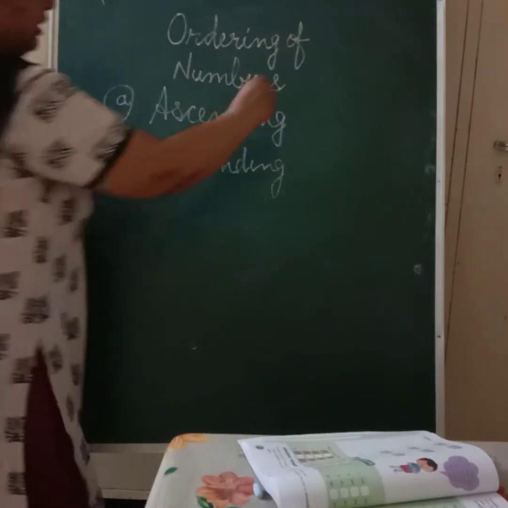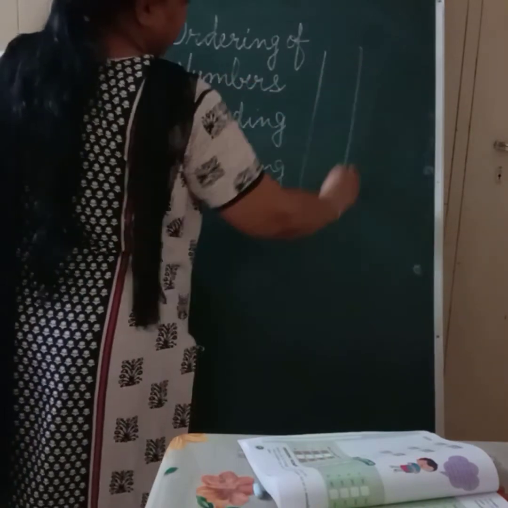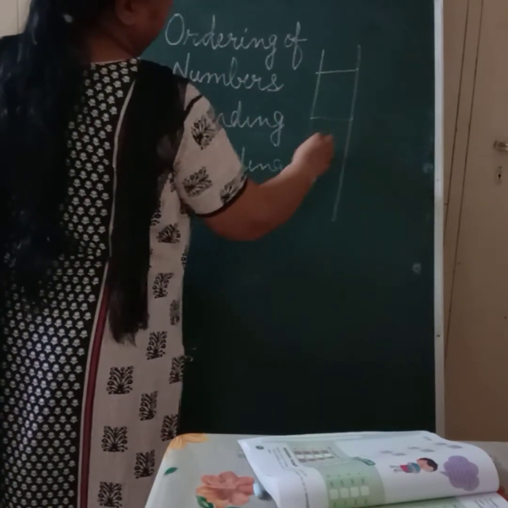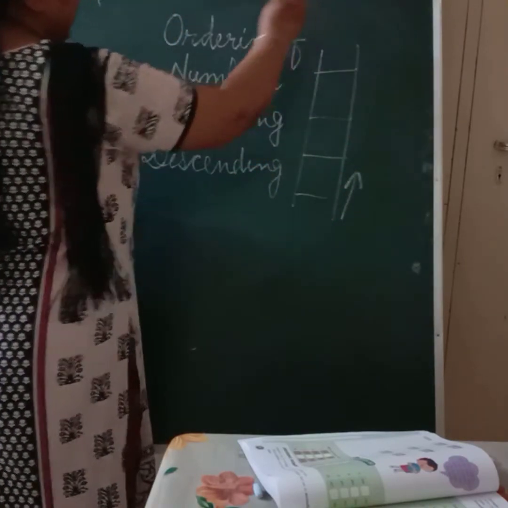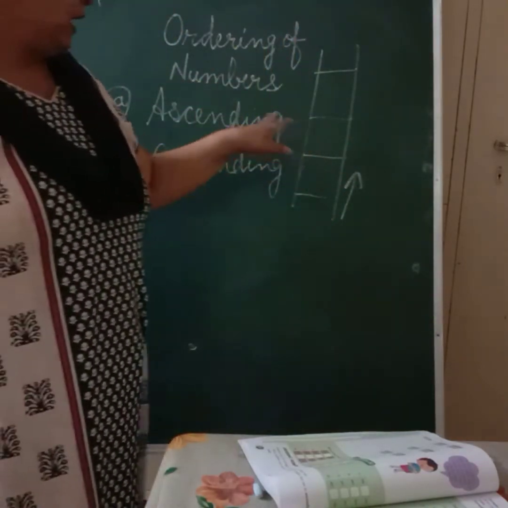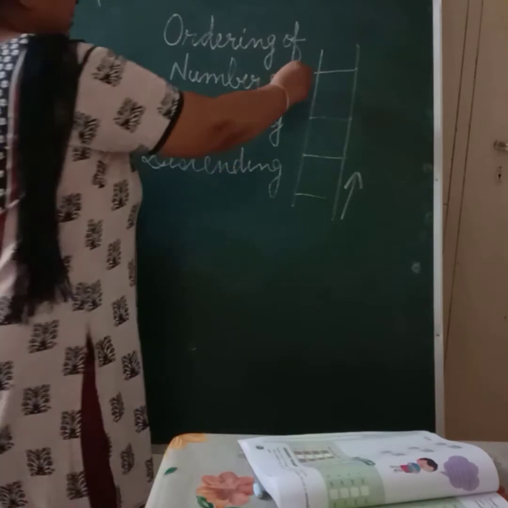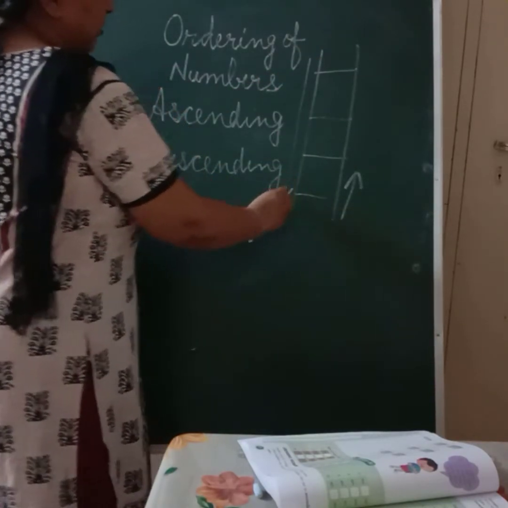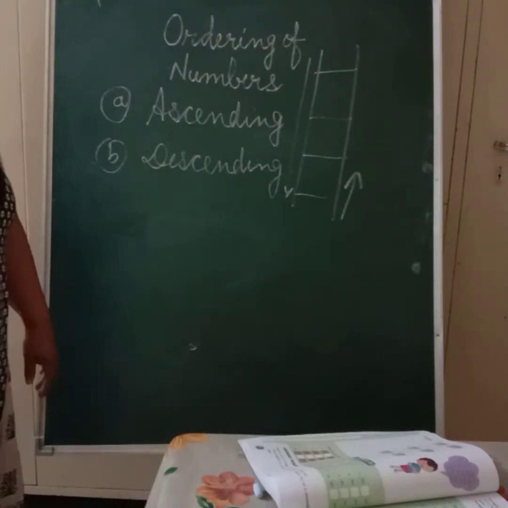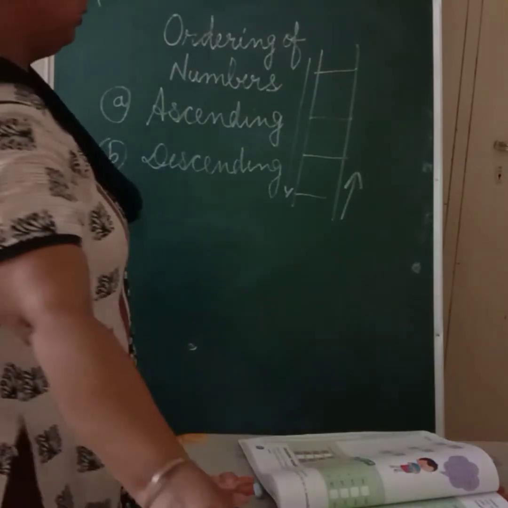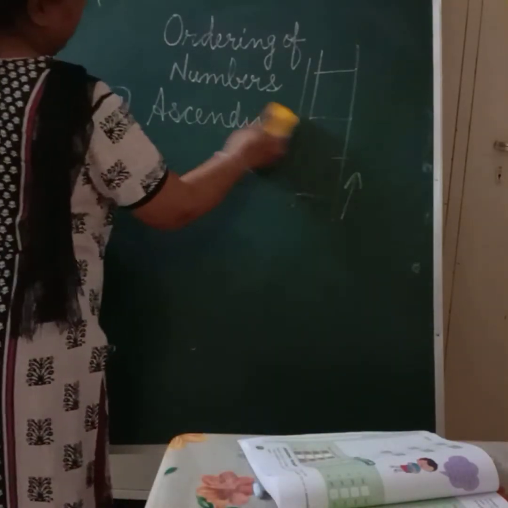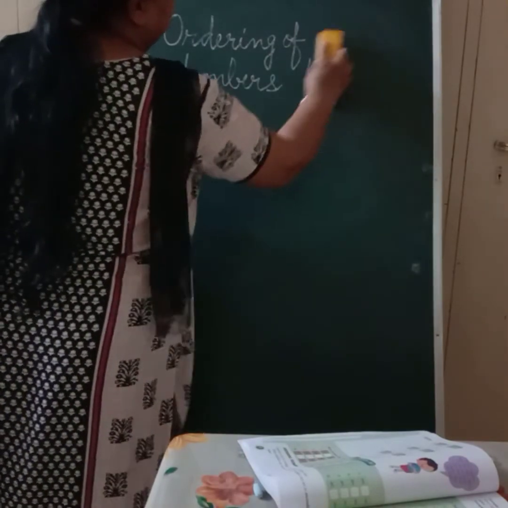See, you have stairs in your house, सीढ़ियाँ. जब आप ऊपर जाते हैं छोटे से बड़े की तरफ ऊपर जाएंगे तो that is ascending, और आप बड़े से नीचे उतरेंगे तो that is called descending order. So we have to compare the numbers and arrange them according to their comparison.